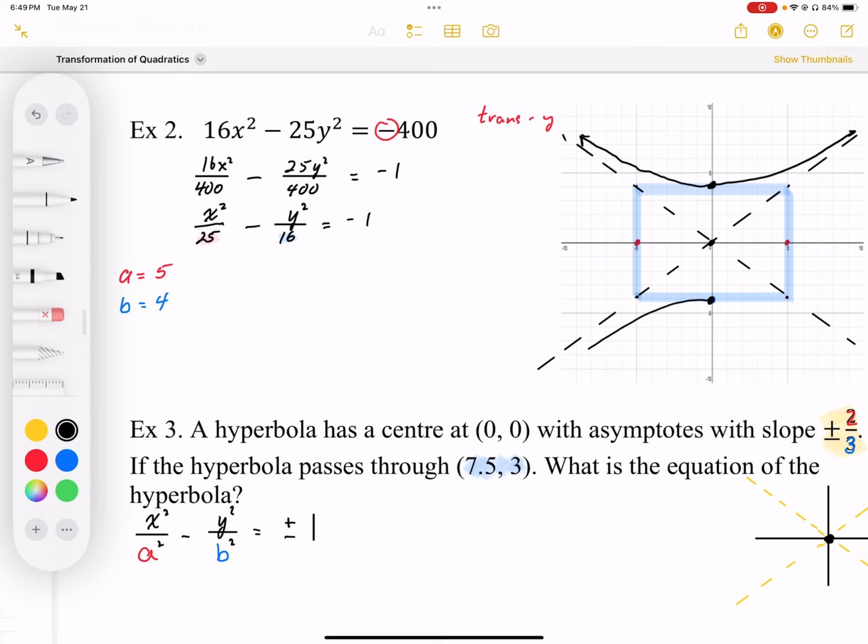I'm just going to follow the asymptotes the best I can. It doesn't need to be a work of art, but as long as you start with the vertex, show the slopes of the asymptotes, and use that little rectangle to help you get the ratio of the rise and run, and then follow the asymptotes, we have our hyperbola.